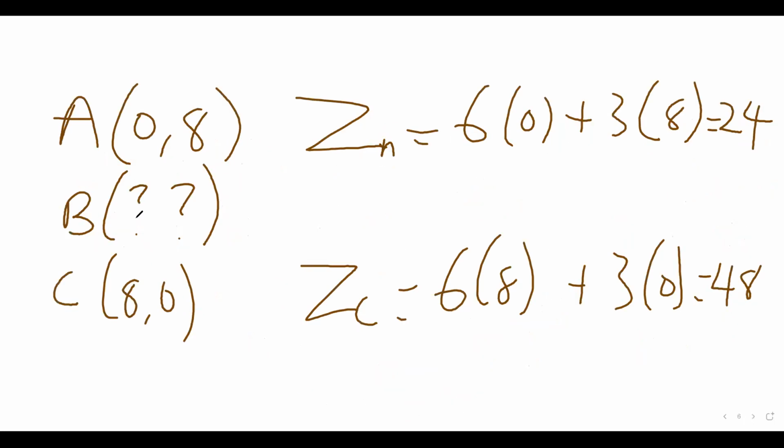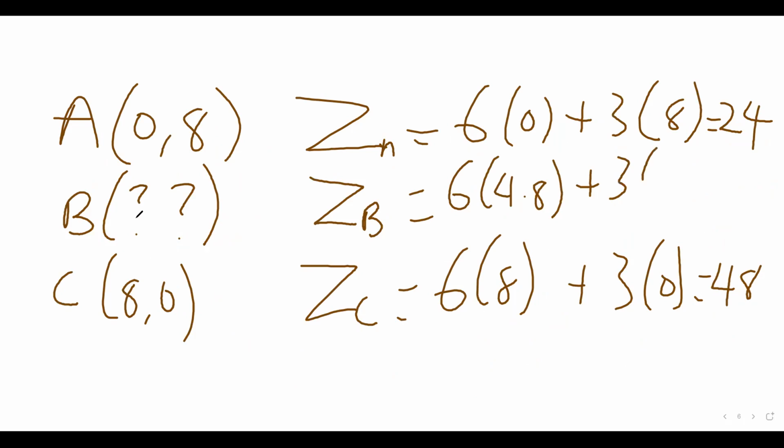Okay, so let's write the Z value. Z is going to be 6 multiplying x1, which is 4.8, plus 3 multiplying x2, which is 1.6. So take your calculator. You have 6 times 4.8, that gives you 28.8. And then you have 3 times 1.6.